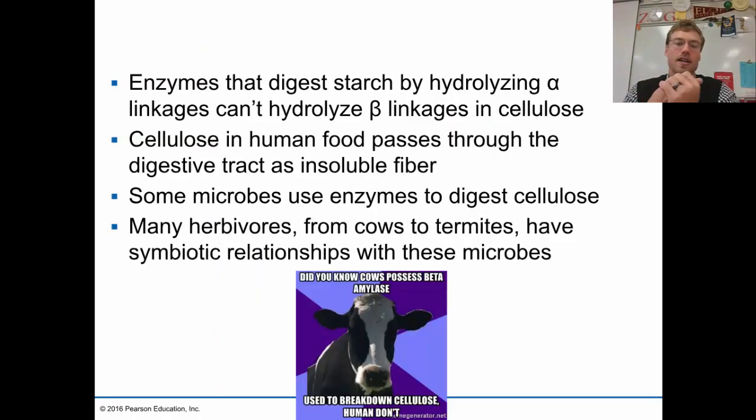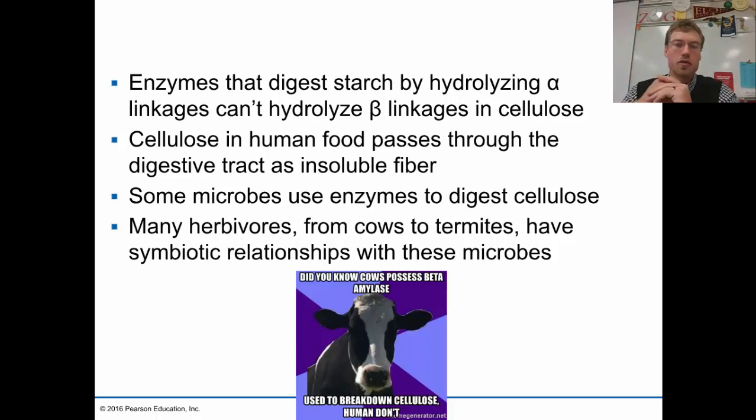Now, the slight issue with this is that because cellulose has a different structure, it looks different. Enzymes, which if you'll recall from baby biology, are unable to break that down because it has a different structure. They can't bind to it, at least the enzymes that we have, right?